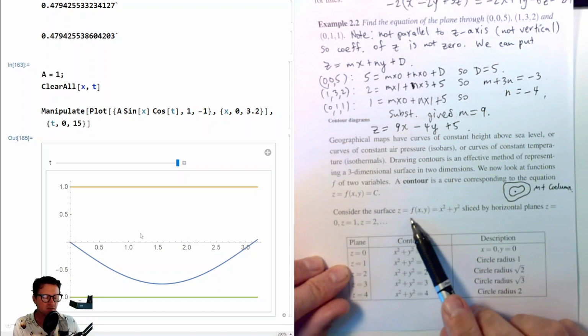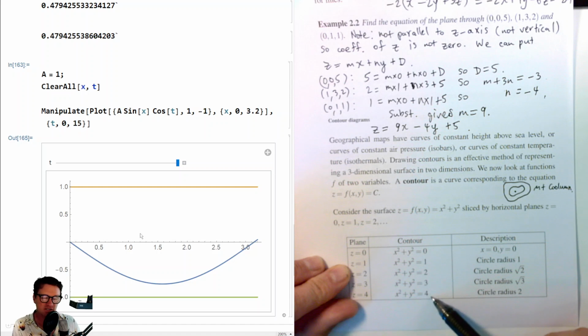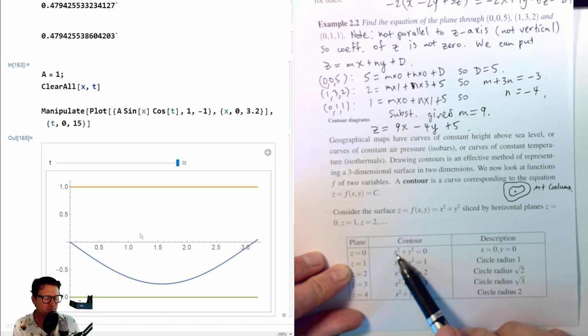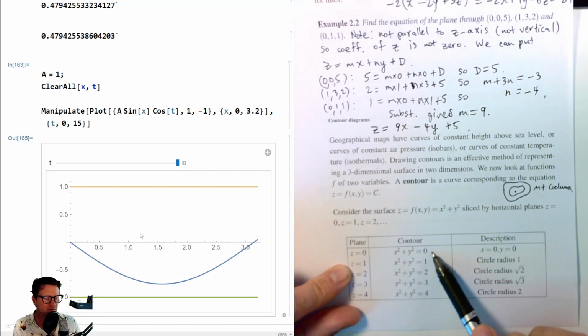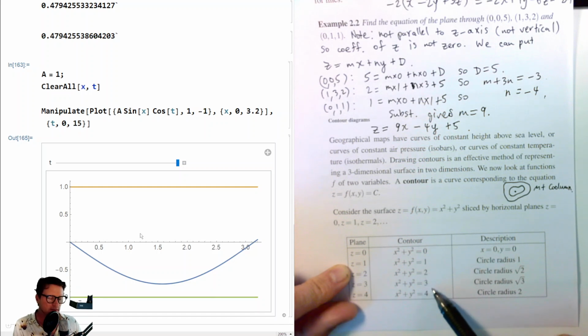So if we just sub those values in, we can see that we have various curves in the xy plane, and they are circles, except for this first one, which is a single isolated point, 0, 0. So we've got a point, then we've got a circle of radius 1, then a circle of radius root 2, then a circle of radius root 3, then a circle of radius 2.